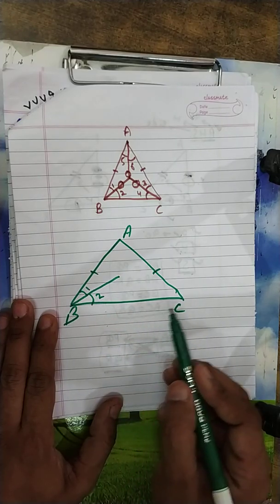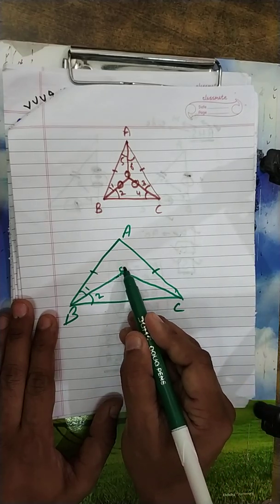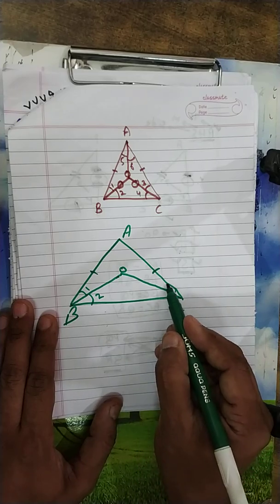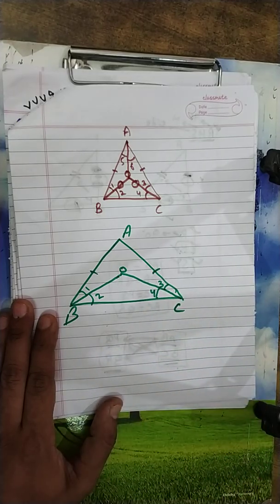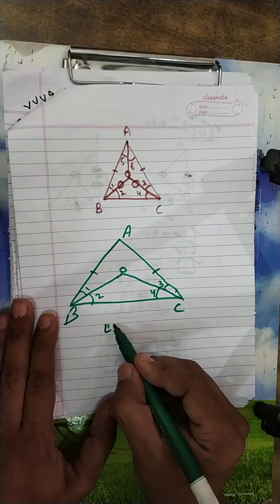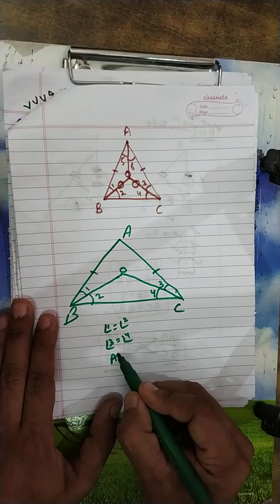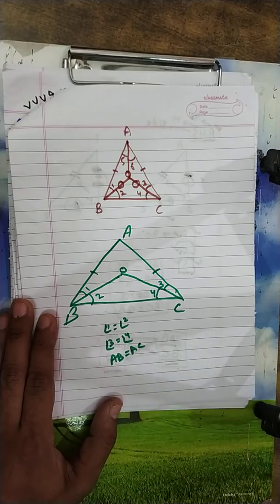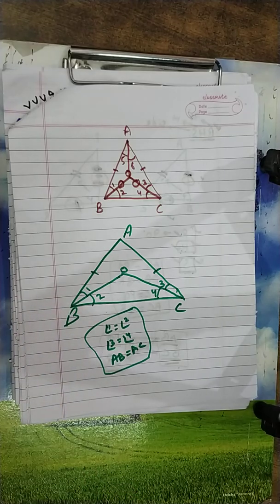Bisector of angle B and bisector of angle C meet at point O. The bisector of C, let it be angle 3 and angle 4. It means angle 1 equals angle 2, angle 3 equals angle 4, and AB equals AC. Three things we again get from a single line.